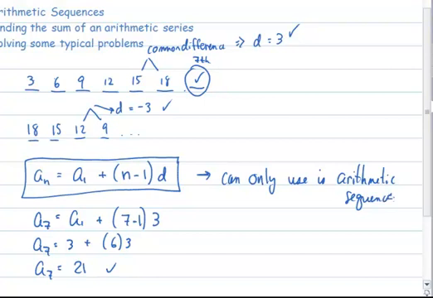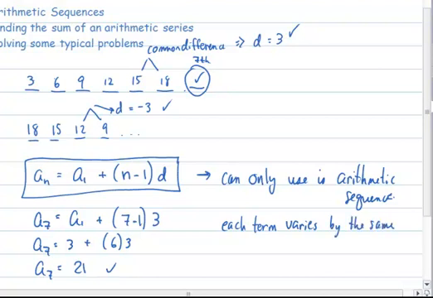Again, an arithmetic sequence is when each term varies by the same common difference.